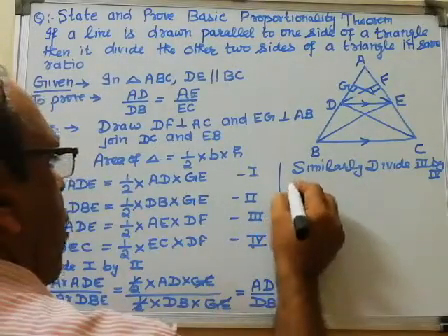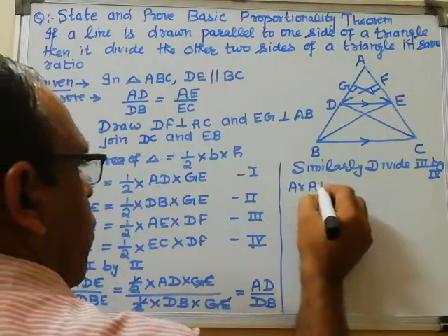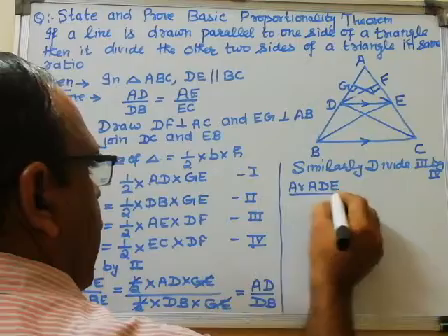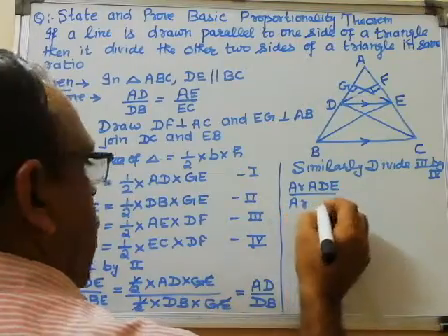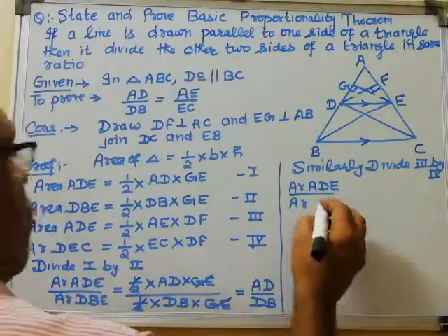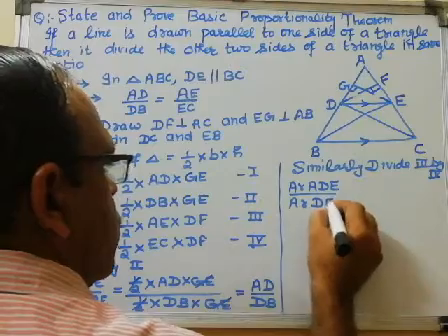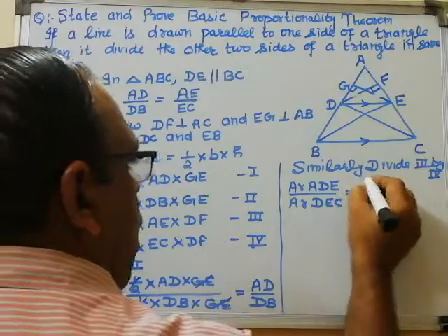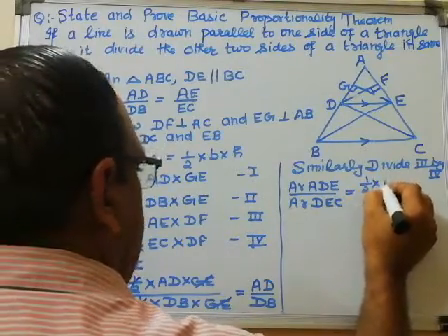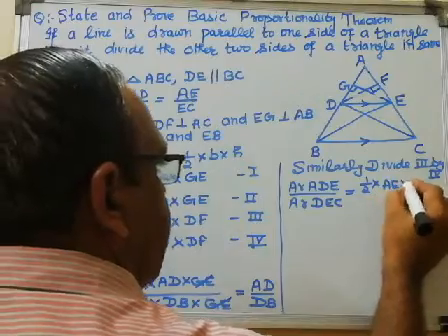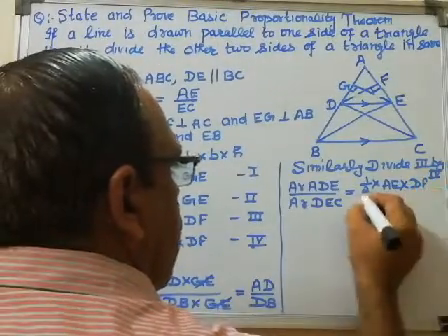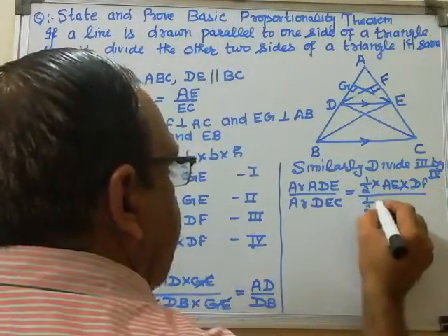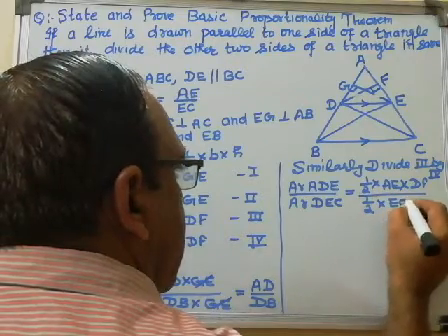So area ADE upon area DEC, half of AE into DF divided by half of EC into DF.